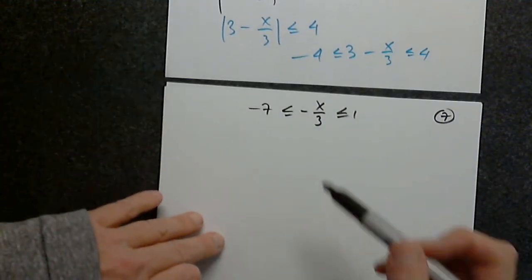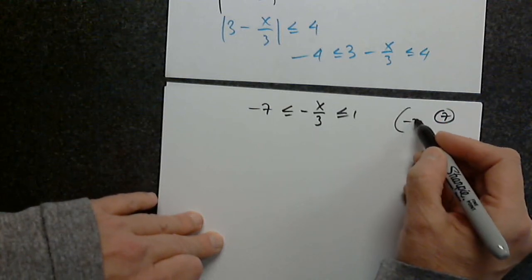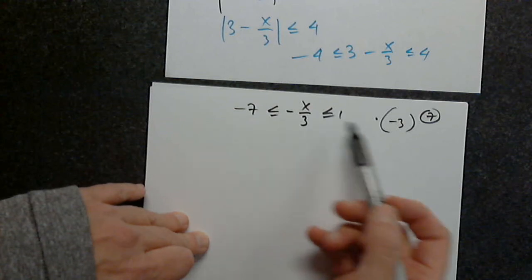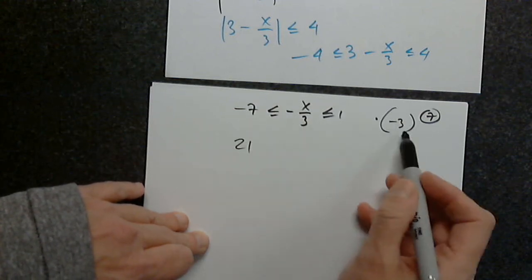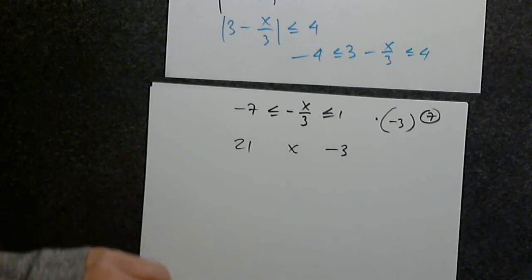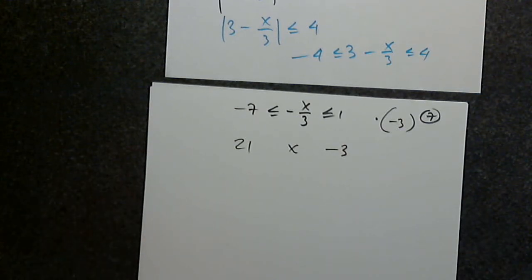And now I have to get rid of -1/3, multiplying everything by -3. What do I get here? 21. What do I get here? x. What do I get here? -3. Good. However, this will not make any sense if I keep the same inequality symbol. You have to switch, because you're multiplying by a negative.